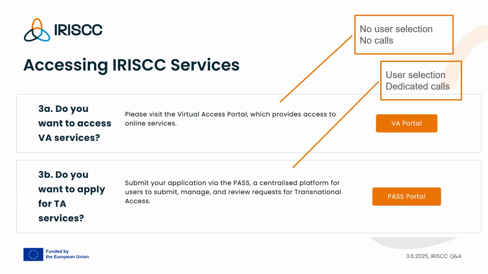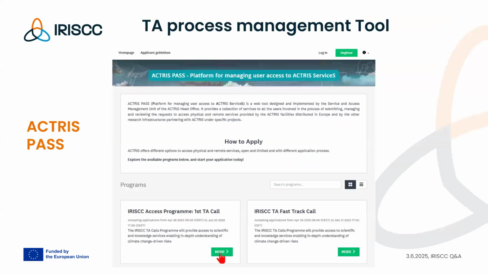It's always open and available there, while it is possible to access the services also only under a specific call, when a specific call is open, and clicking on here and submitting a proposal. So for transnational access, there is a user selection, and it happens under dedicated calls.